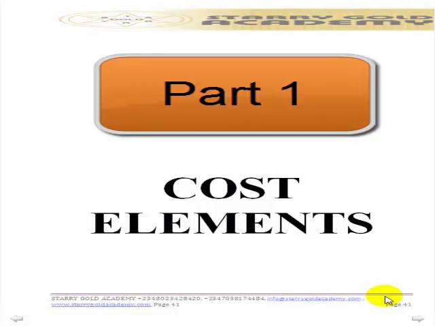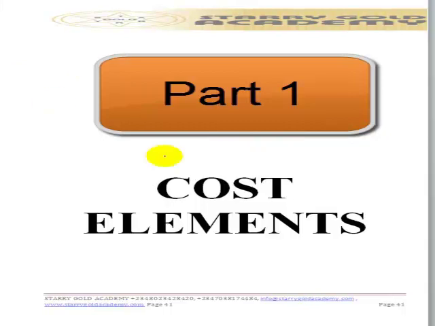Today's class, we will be looking at chapter 3 of our syllabus for cost accounting, and the topic we'll be looking at is known as cost element, or element of cost.